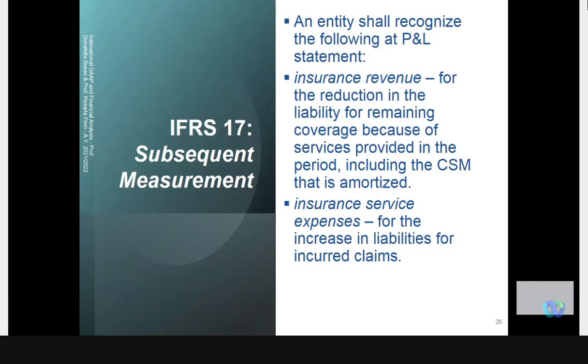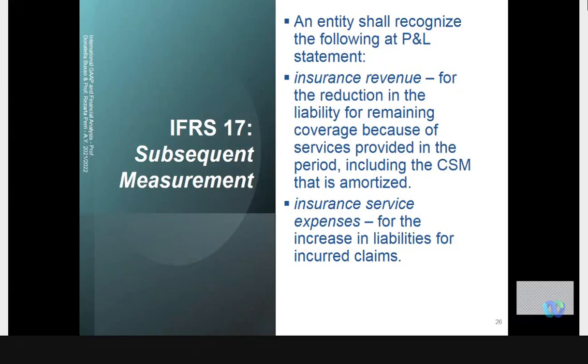Whatever you pay to meet the obligations of the insurance contract is the insurance service expenses. Is that clear? Can you depict in your own mind what happens? Every year, I will recognize the revenue by amortizing the CSM. I will see how much I need to pay for the current events that have occurred.